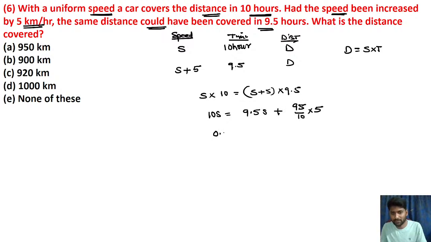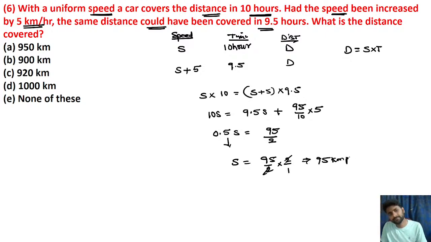Now we are left with 0.5s is exactly equal to 95 divided by 2. Again, what is the s value here? You can take s is equal to 95 by 2, and 0.5 you can take as 5 by 2, I mean 1 by 2. So you can cancel. Now the speed of the car is exactly equal to 95 kilometer per hour.